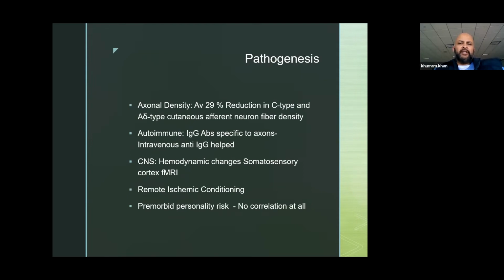Pathogenesis, these are very much research-based possible pathogenetic mechanisms. None of them actually are definitive.